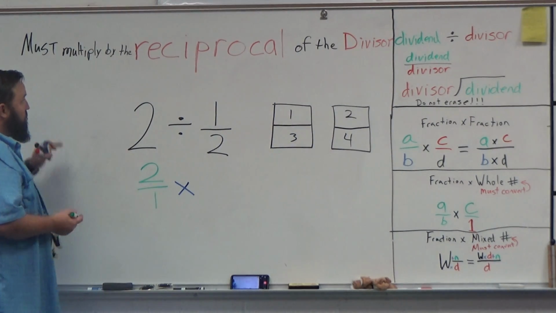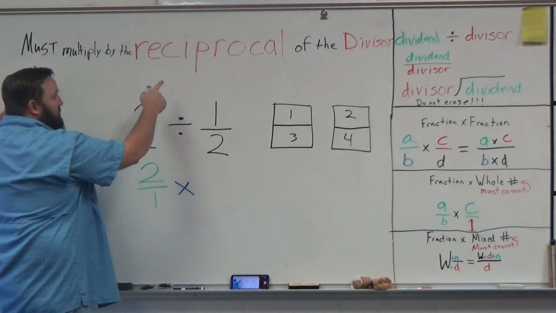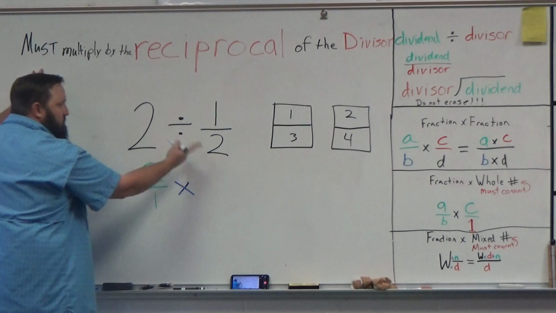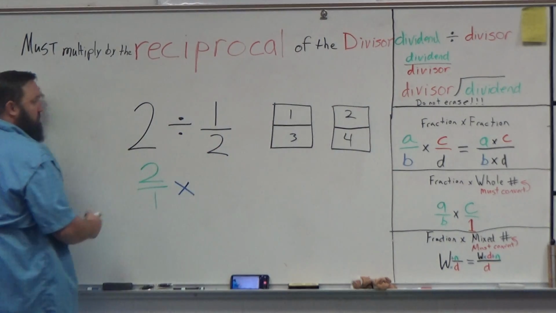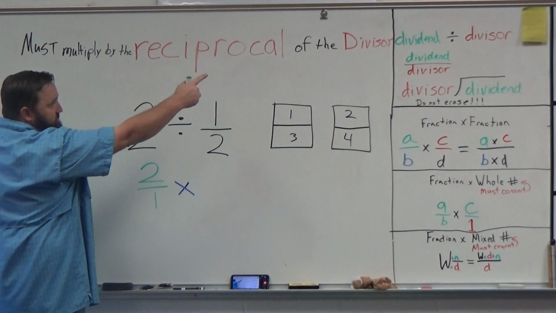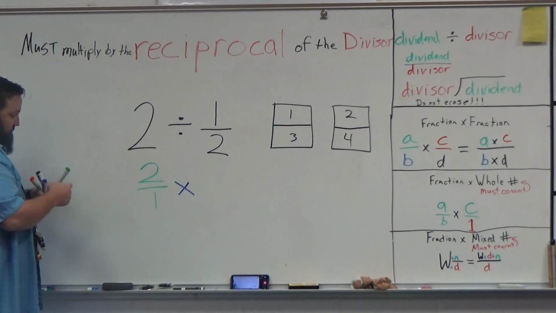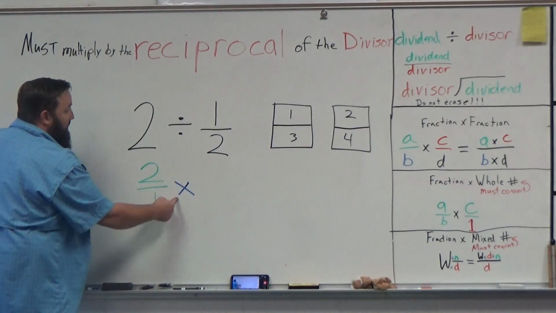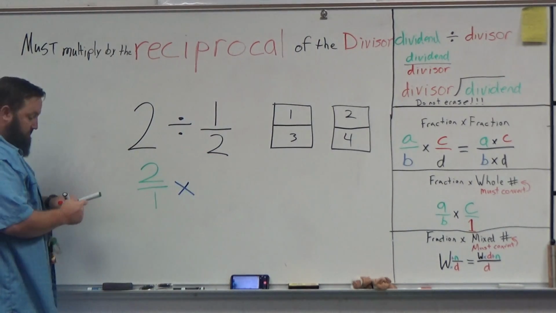Now, what was that rule? We must multiply by the reciprocal of the divisor. Which one of these is the divisor? Alright? Which one's the divisor? 2 or 1/2. Look up there. Dividend divided by divisor. That means that the 1/2 is my divisor. So I must multiply by the reciprocal of my divisor.